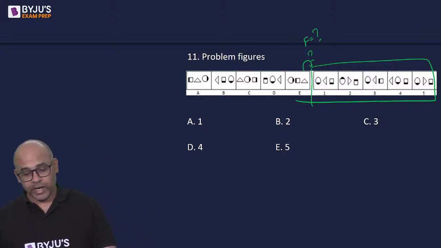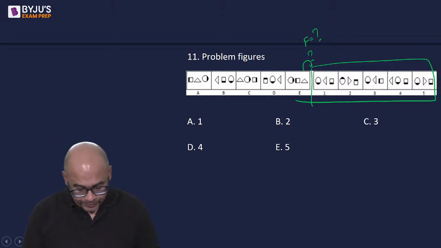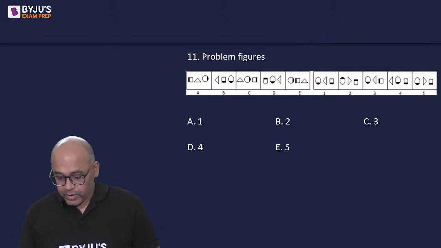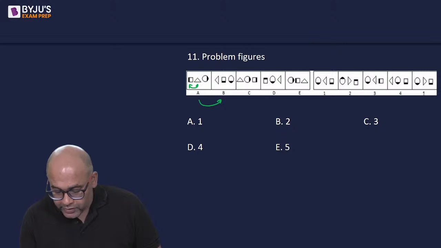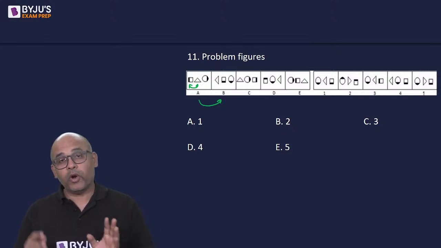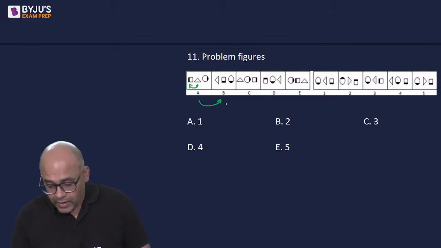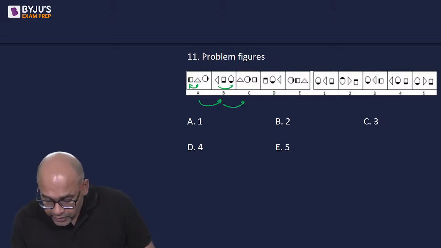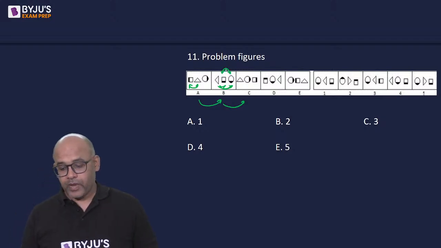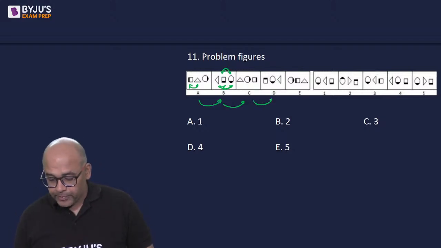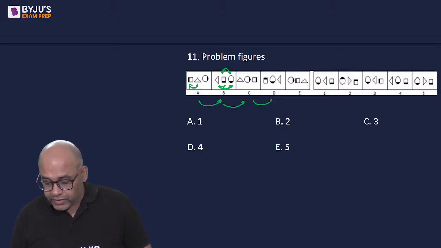Alright, so let's take a look at what is happening here. So when you're going from A to B, first these two got interchanged. I'm not looking at orientation, just the interchanging. When I'm going from B to C, these two got interchanged. These two got interchanged. When I'm going from C to D, now which things got interchanged?